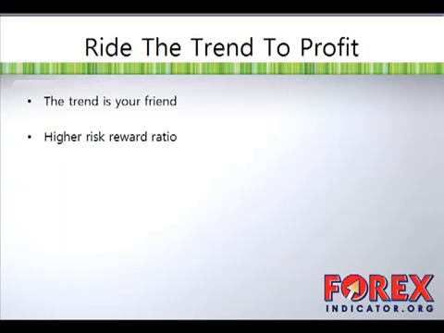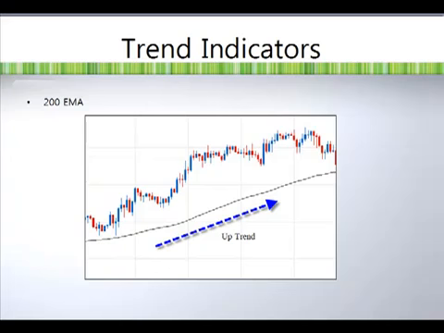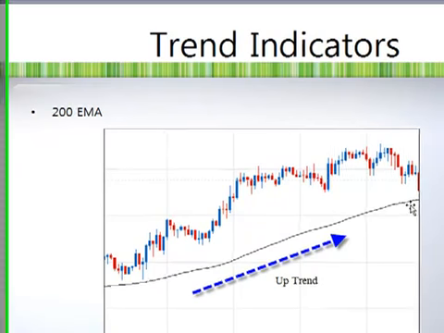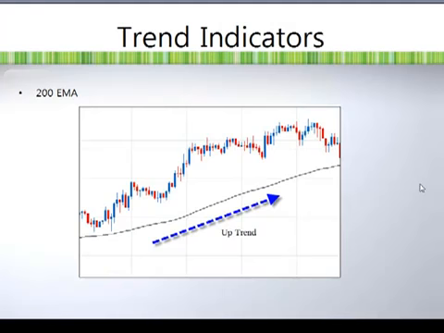So let's begin with what are the trend indicators that I'm using to ride the trend. First of all, I always have this 200 EMA, 200 exponential moving average, on my chart. The reason why I have this is because it can help me to identify whether the trend is up, down, or the price is currently moving sideways.